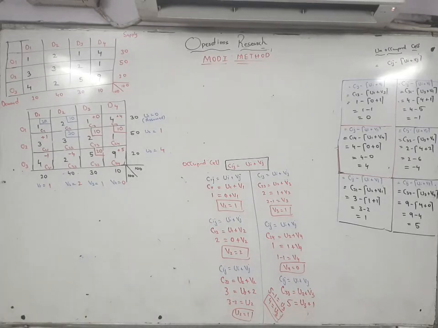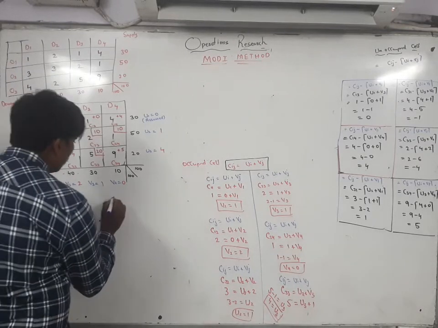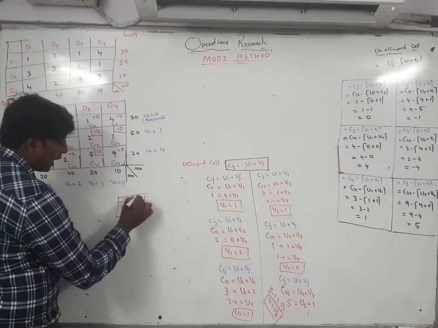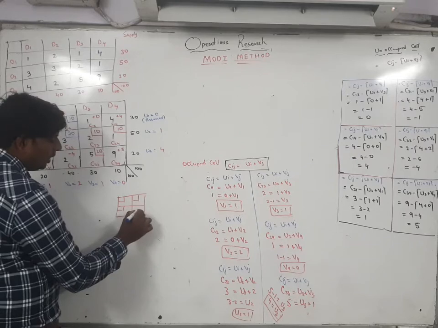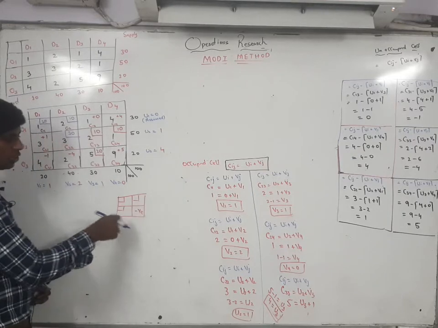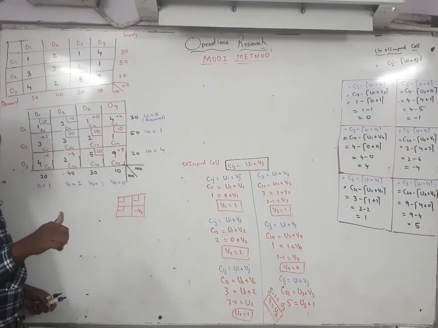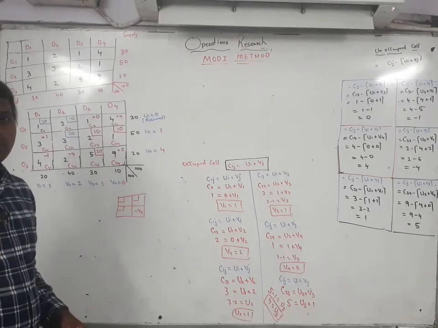How to repeat this iteration? Again you have to form that box. I told you, in that box, whatever 4 cells you are selecting, 3 should be occupied and one should be unoccupied, and that unoccupied should be negative.